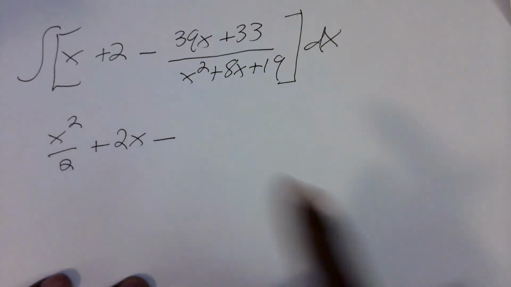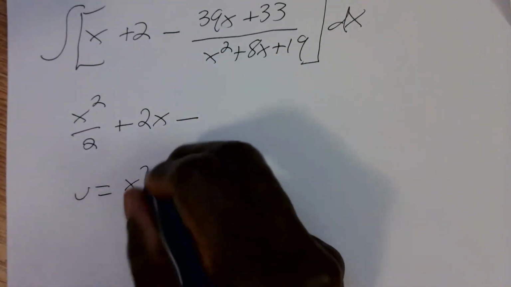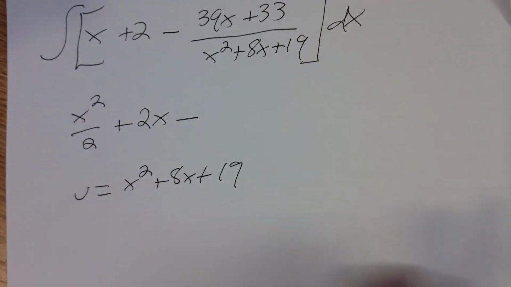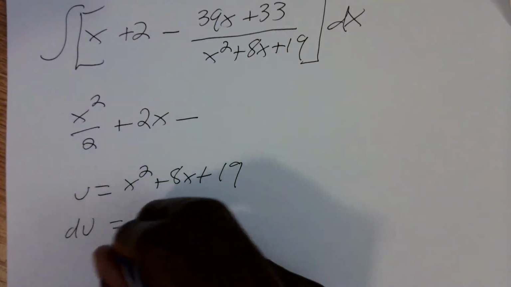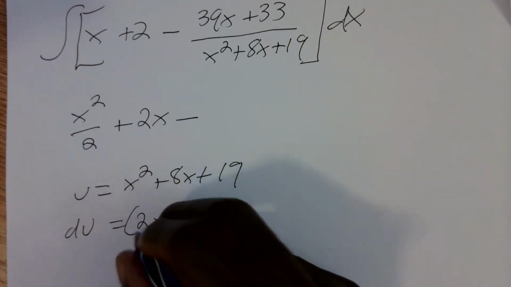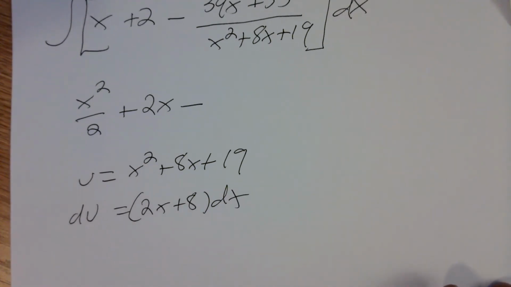And so let's do a little u sub. So let's say u equals x squared plus 8x plus 19, which means du equals (2x plus 8) dx.